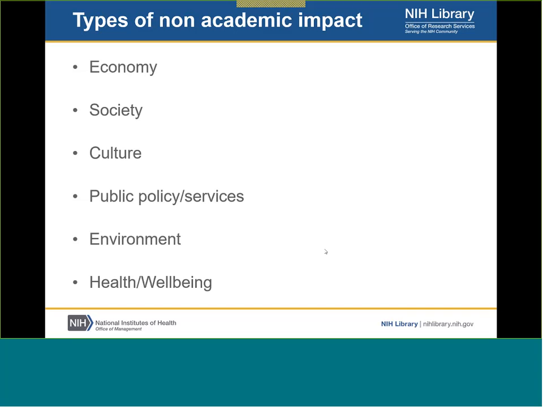Do we value diversity more or equality more? Maybe we have impact on our culture, like food culture or religion. Or maybe we have impact on public policy, services, the environment, or health and well-being, like the lives we saved. So there are a lot of different things people can measure as non-academic impact.